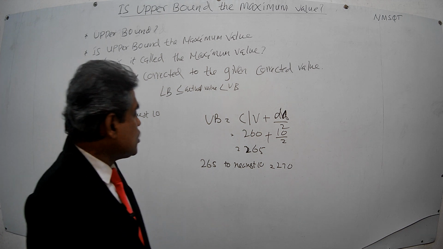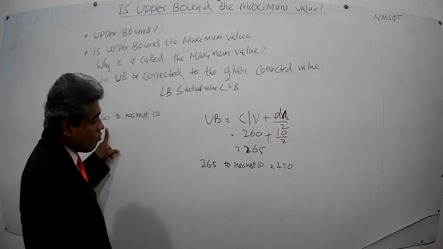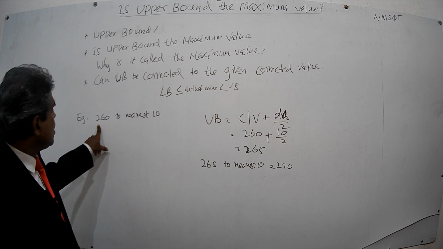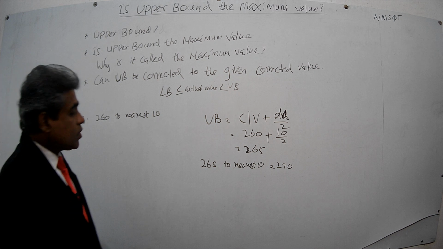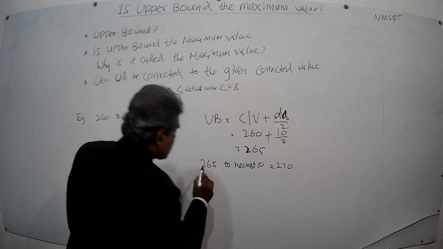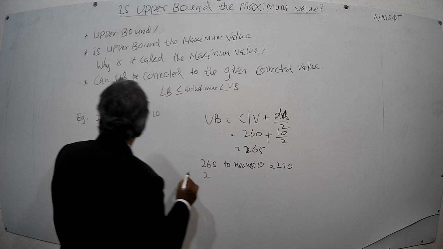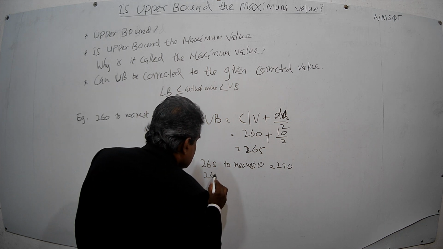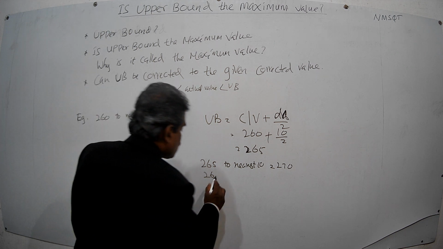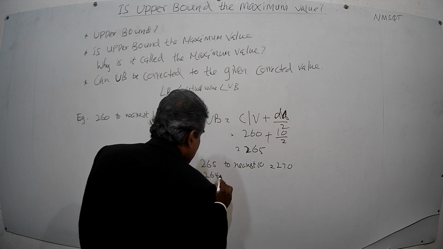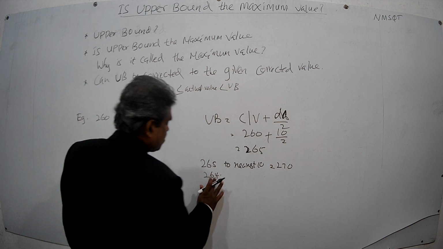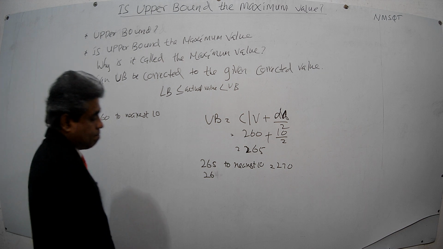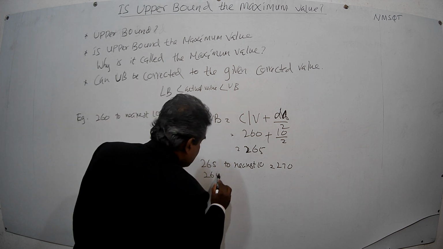Now consider some values just below this that can be rounded to 260. Let's say 264.